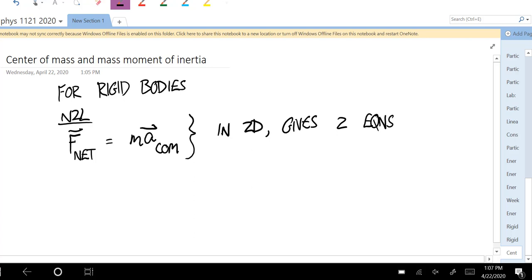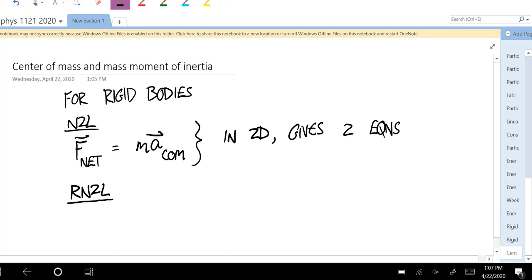And now there's a new equation that we're going to use. I'm going to call it Rn2L. It's like the rotational version of Newton's second law. That's what the R is for, rotational Newton's second law.